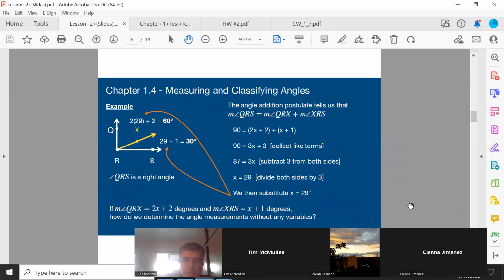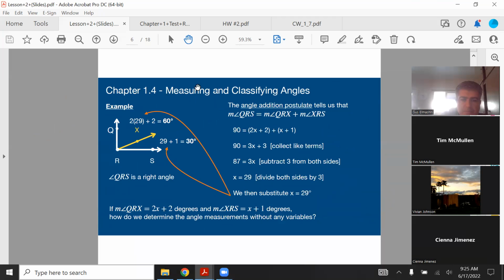Okay, so here we have a computation. You are told that QRX, and let me get a highlighter here. QRX is 2x plus 2. And this right here, XRS, is x plus 1. This is the beauty of Zoom, that you have these nice annotation tools, right?